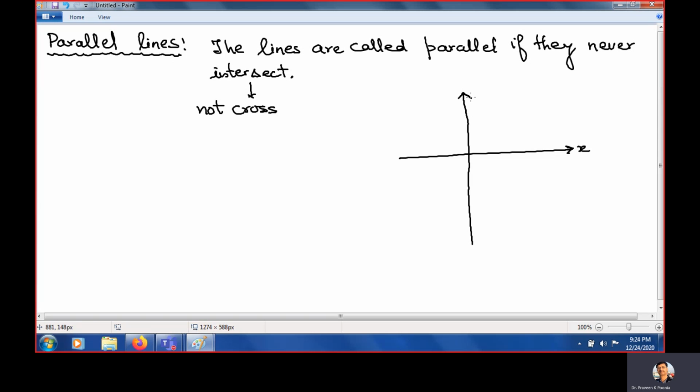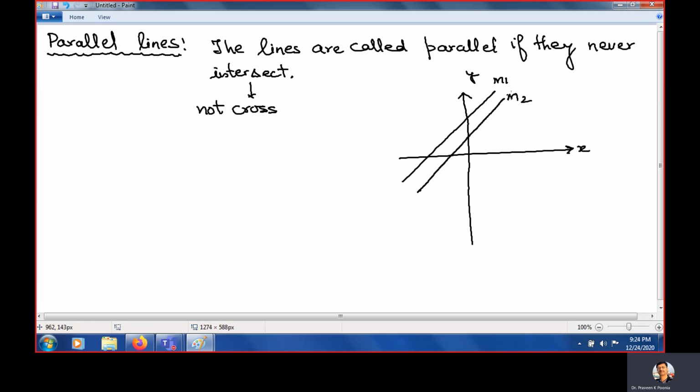If this is the x-axis and this is the y-axis, these two lines are parallel lines because they will not intersect each other. This is the line having slope m1, and this line having slope m2.